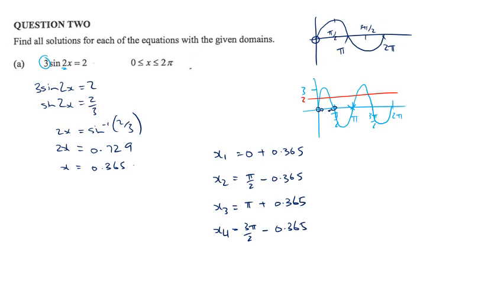That's from my graph. Those are the only ones that are going to fit in that domain. I calculated those earlier, so that should be 0.365 obviously. The next one should be 1.206, 3.507 and 4.347.